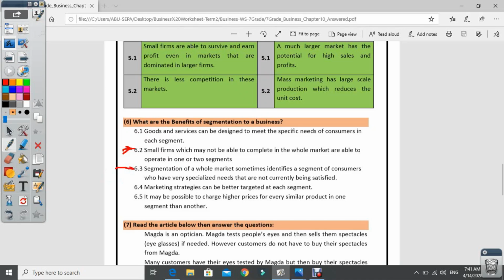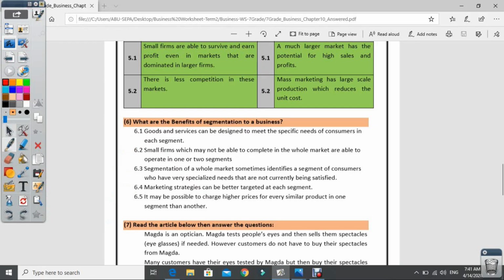Third one, segmentation of a market sometimes identifies a segment of consumers who have very specialized needs that are not currently being satisfied. Fourth one, marketing strategies can be better targeted at each segment. Number 5, it may be possible to charge a higher price for a very similar product in one segment than another.